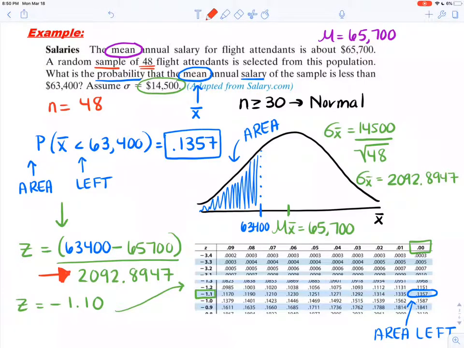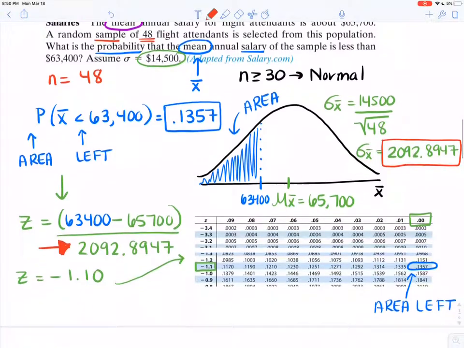And because this method is so similar to what we did in section 5.2, if you want to use the StatCrunch calculator for the normal distribution, you can certainly do that as well. You would just need to make sure that you put in the correct standard deviation when you went to use that normal calculator and find the probability.